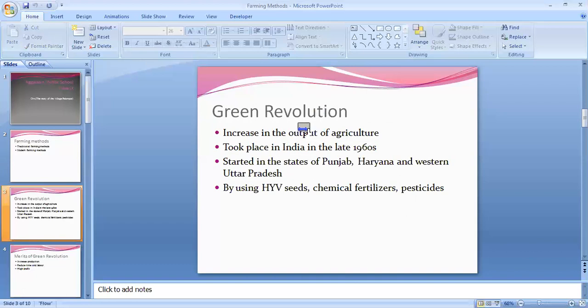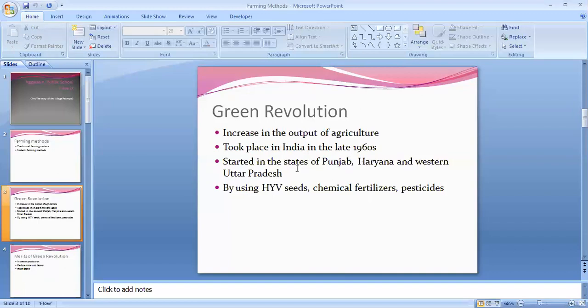This Green Revolution took place in India in the late 1960s. Initially, it started in the states of Punjab, Haryana, and Western Uttar Pradesh.